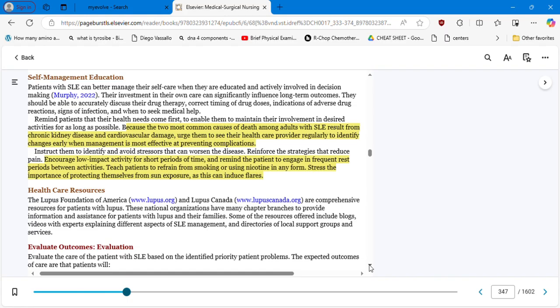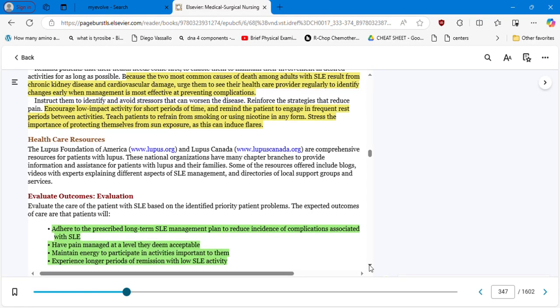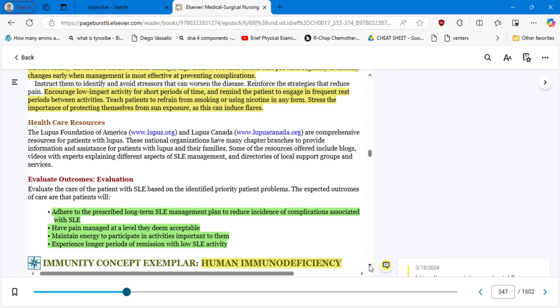As nurses, when you find somebody with chronic fatigue, the butterfly rash, fever from an unknown cause, arthritis or bilateral joint pain, that's something that you need to tell the doctor and suggest the patient follow up with the specialist. Encourage low impact activity for short periods of time. We spoke about this. Refrain from smoking or using nicotine, and stress the importance of protecting themselves from any sun exposure.